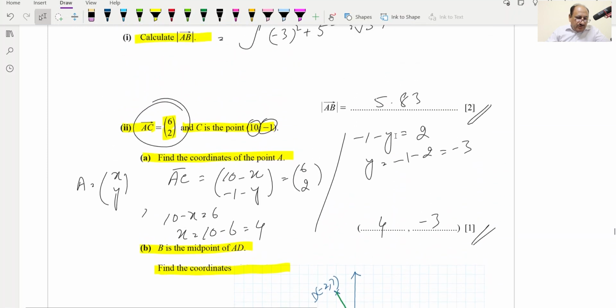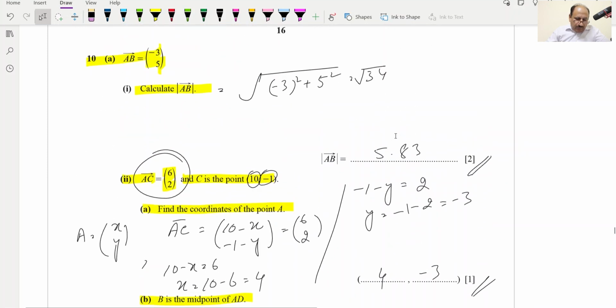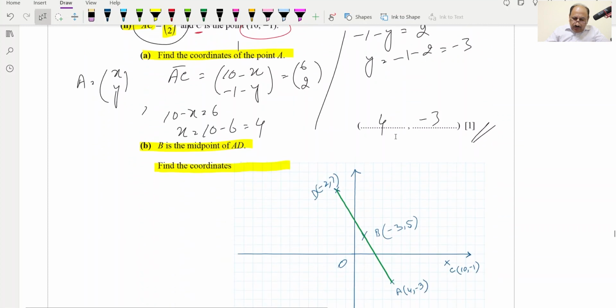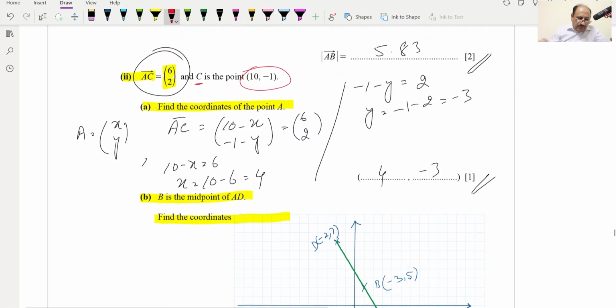We have these values, like over here you can see C value is this one, 10, minus 1. I have indicated this point. This is not of use, but I have indicated it over here. And we got the A point also.